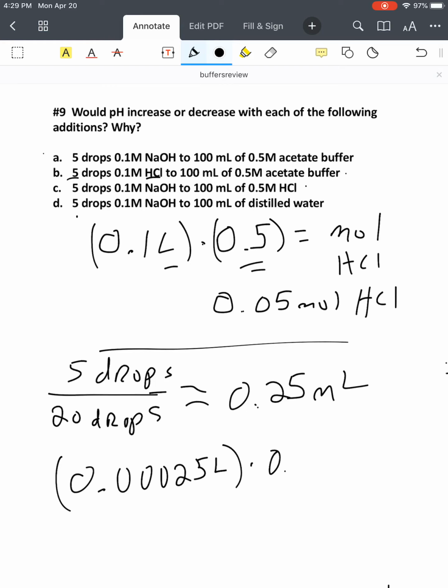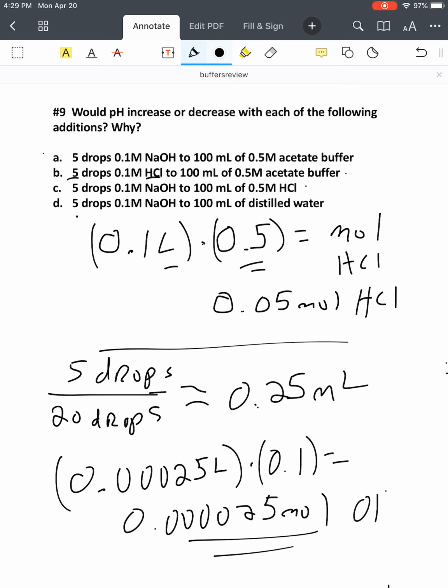And I'm going to multiply that by 0.1. I can compute how many moles of this material I've got. This is my base, right? Not really any problems. So 0.1, oh, I can do that. 0.0000025 mole of OH. That's how much we've got of that, right?